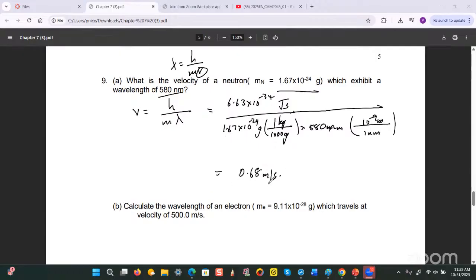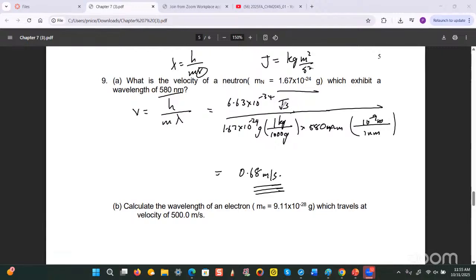Now, you might be wondering, how do I know that the units here would be meters per second? Well, apart from the fact that that's a unit of velocity or speed, the joule unit, I think I mentioned it in the previous chapter, is the same thing as kilograms meter squared over second squared, right?